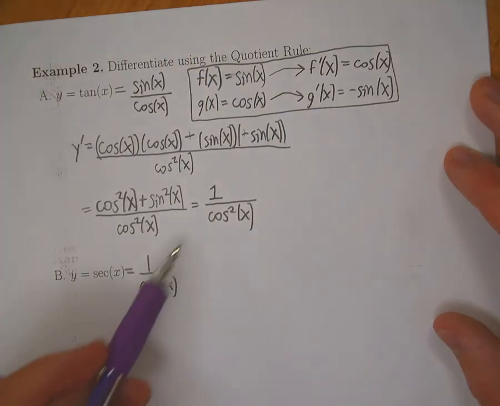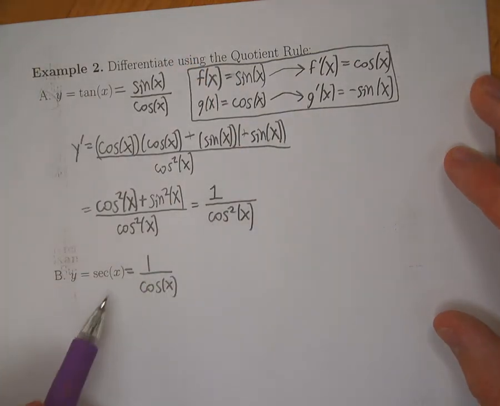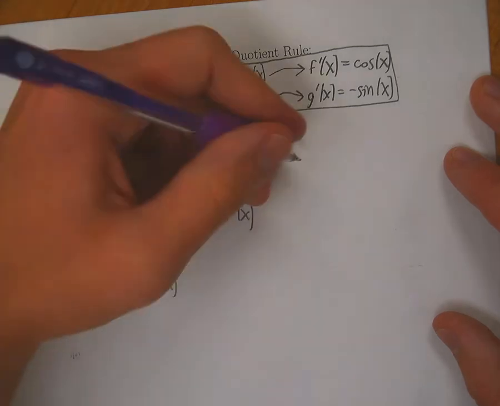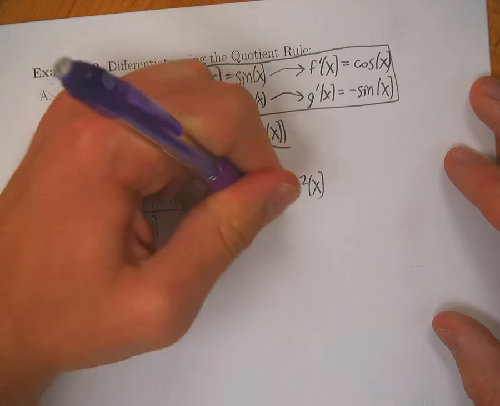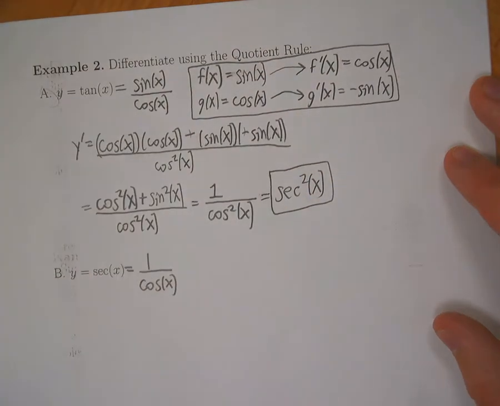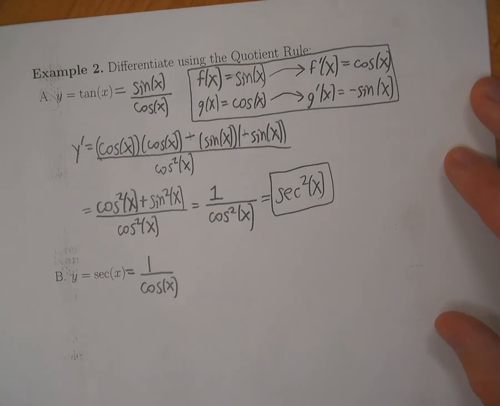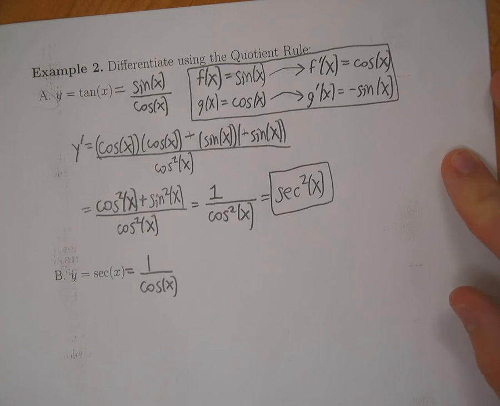And then taking advantage of the fact that 1 over cosine is secant, as we just established, this becomes secant squared of x. Which is exactly consistent with what we established back in lesson 6. So that's part A.